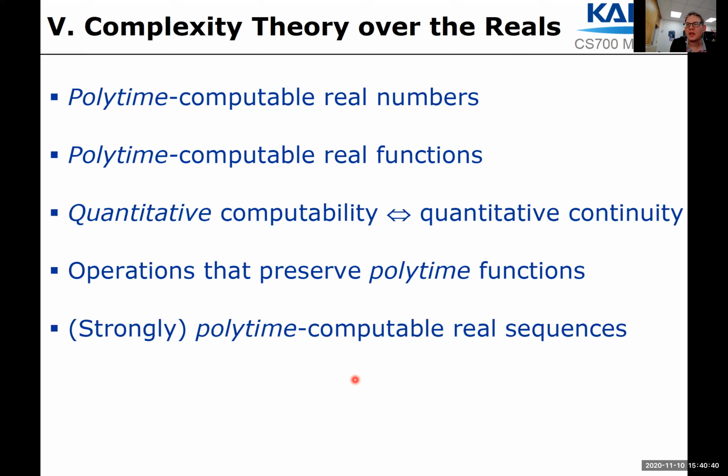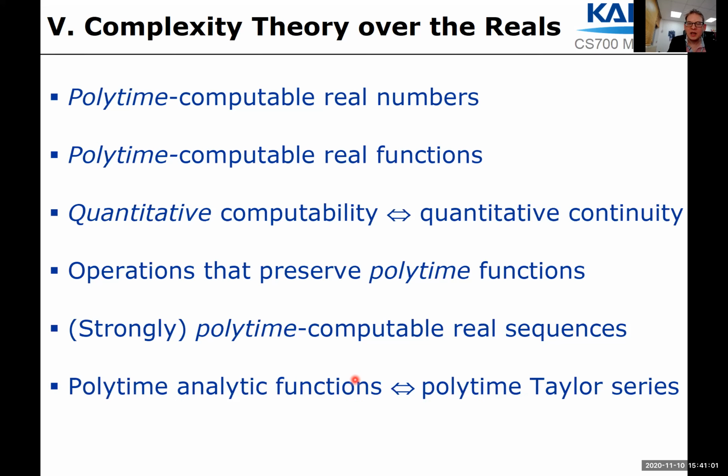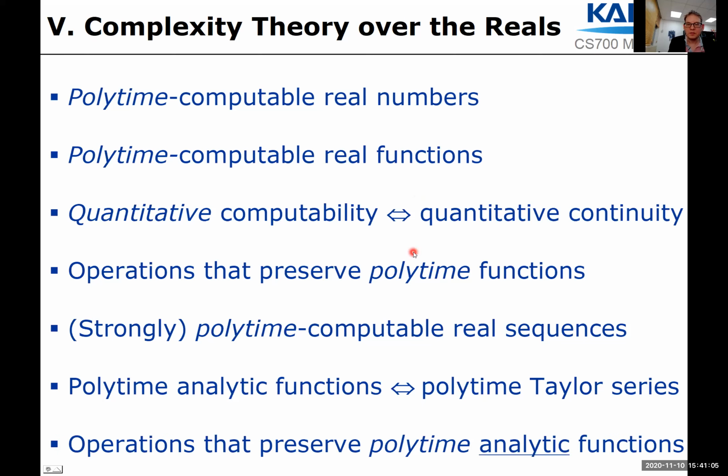In particular, polynomial time computable real sequences were those that arise from one of the characterizations of polynomial time computable general real functions, whereas strongly polynomial time computable real sequences were the sequences of coefficients to polynomial time computable analytic functions.